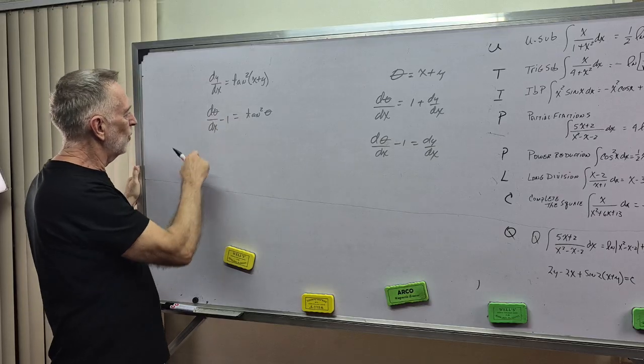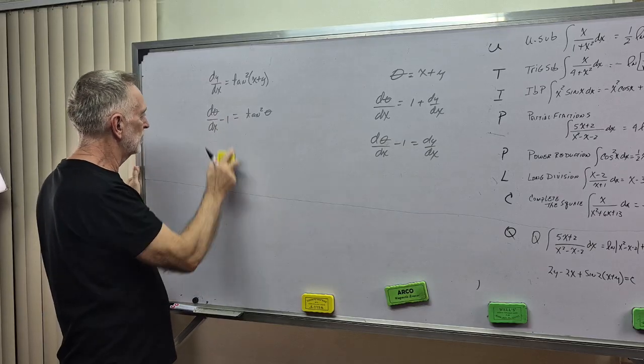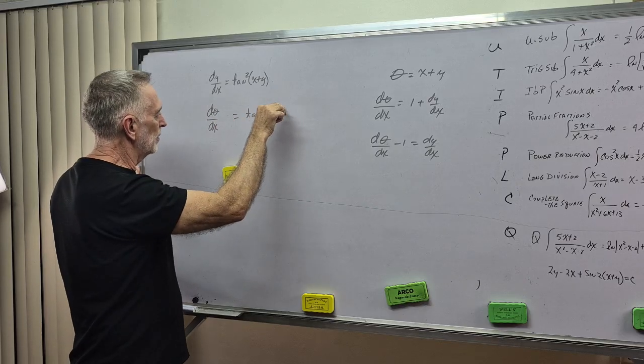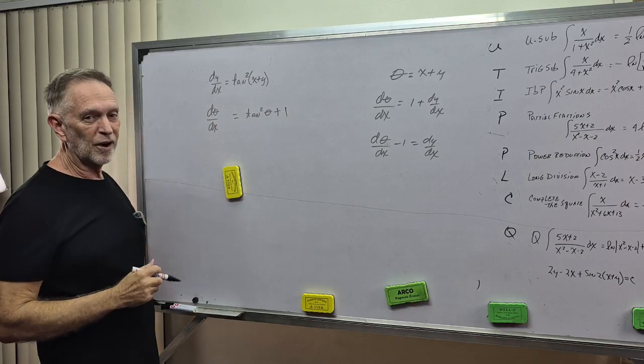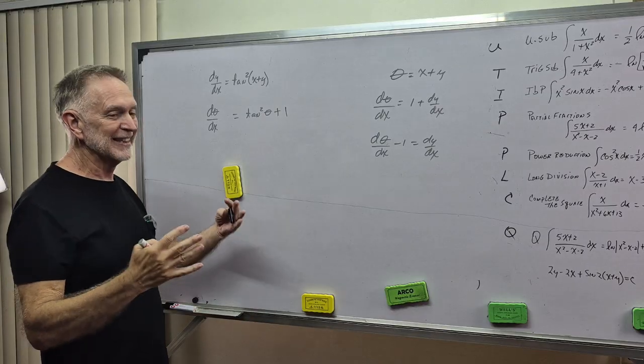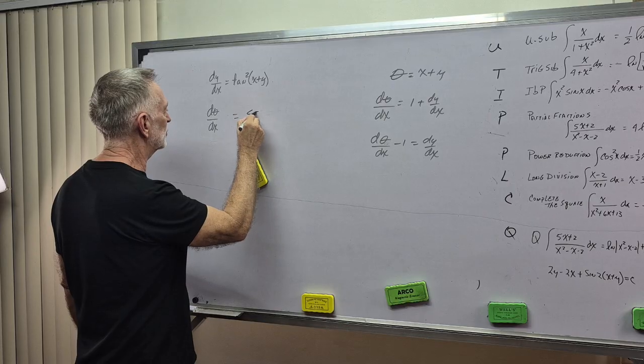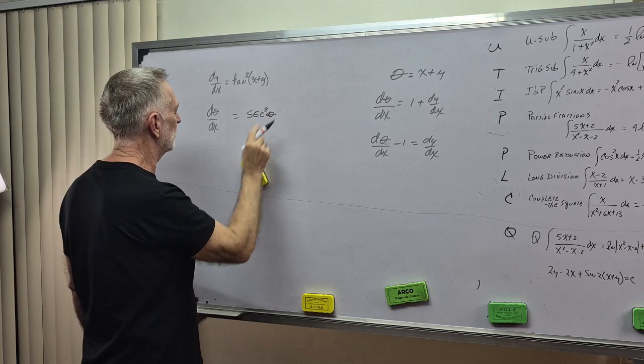Now let me add 1 to both sides. If I add 1, that one goes away, and I put it right here. Well, tangent squared plus 1 is what? Secant squared theta. So that becomes secant squared theta.